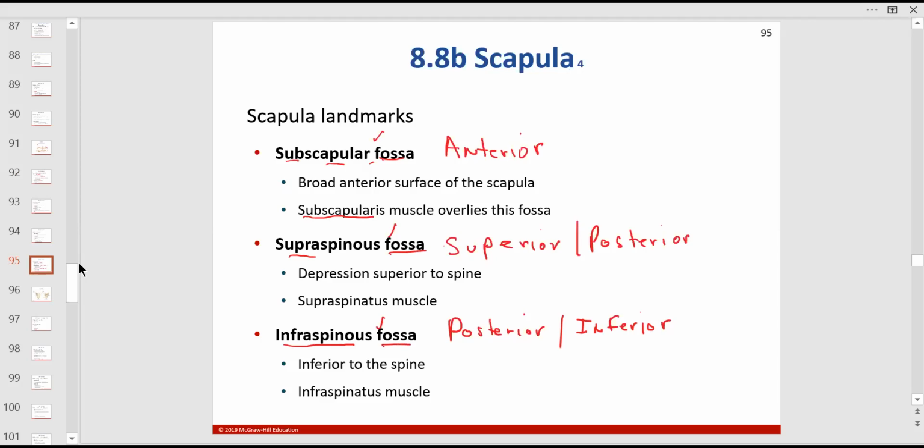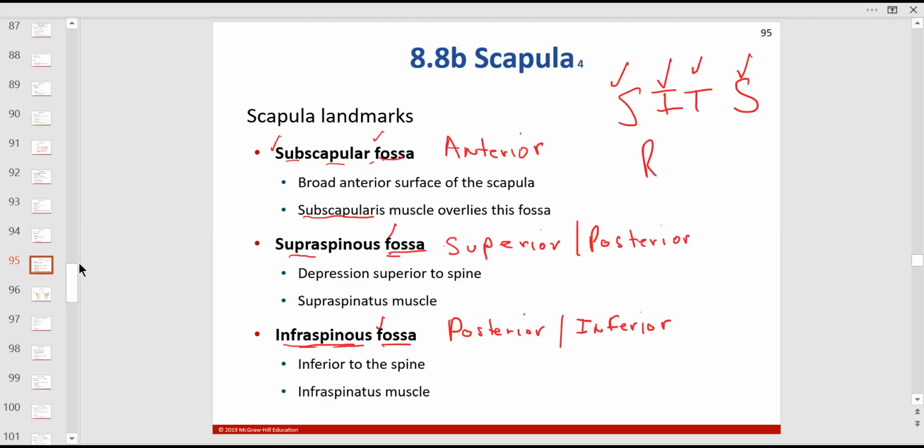In fact, these are the SITS muscles, S-A-S-I-T-S, or the supraspinatus muscle, which is in the supraspinatus fossa, the infraspinatus muscle, which is in the infraspinatus fossa, and the subscapularis, which is anterior scapula. And then you're going to learn a muscle called the teres minor.